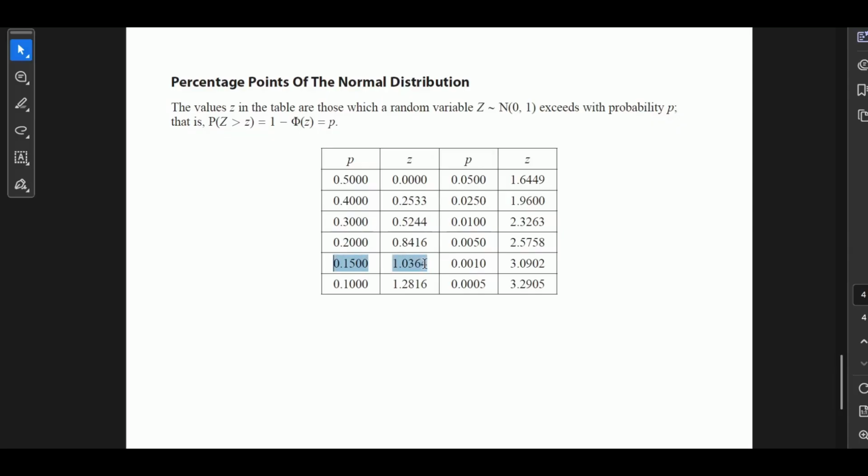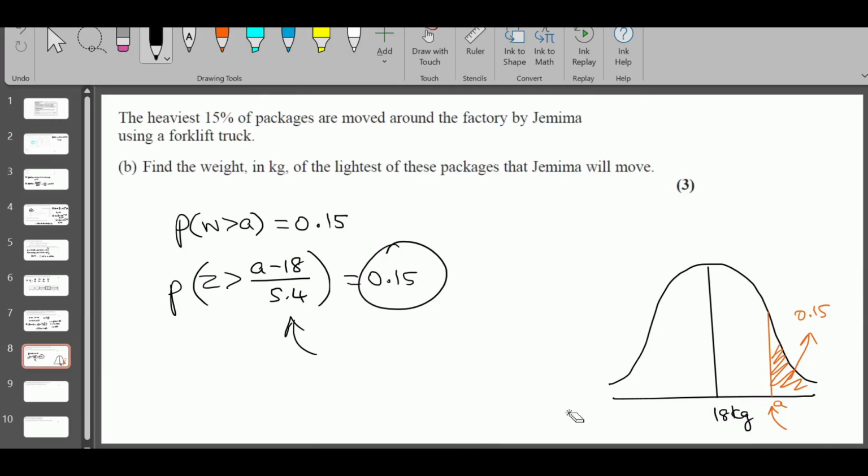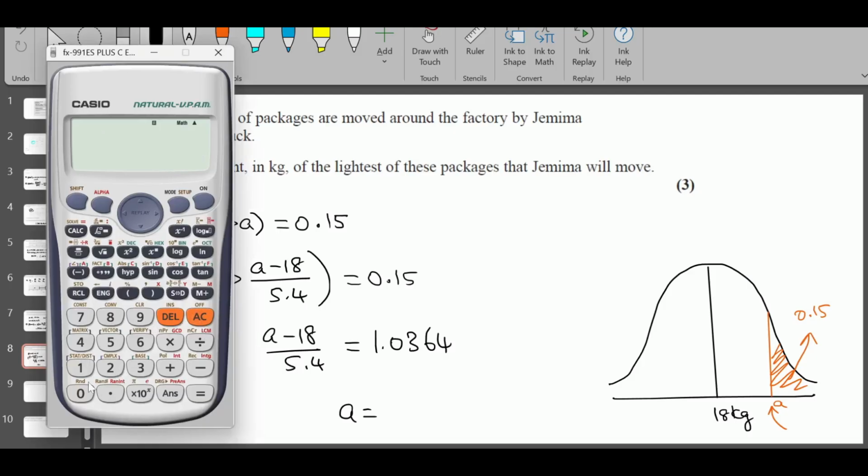and take the value corresponding to 0.15. So 1.0364 is equal to A minus 18 over 5.4. Find the value of A. So 1.0364 times 5.4 plus 18.